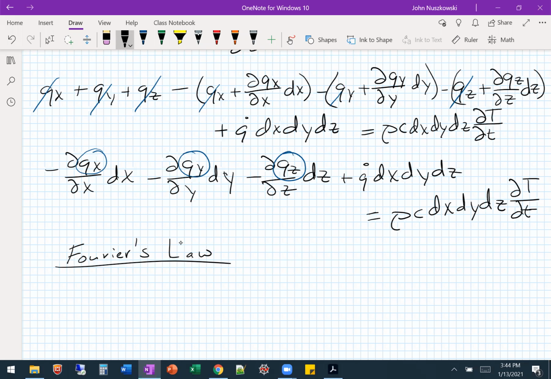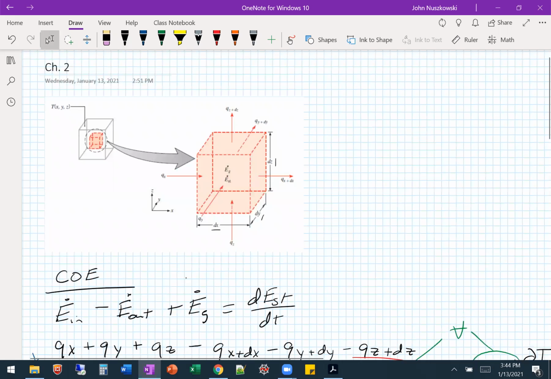And qx is conduction heat, not conduction heat flux, right? So that means we have to include the area. So the cross-sectional area for x would be this, right? Which is dy dz, okay?